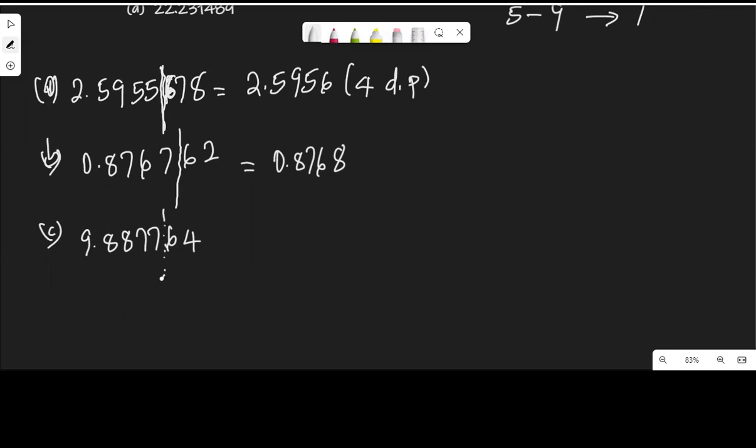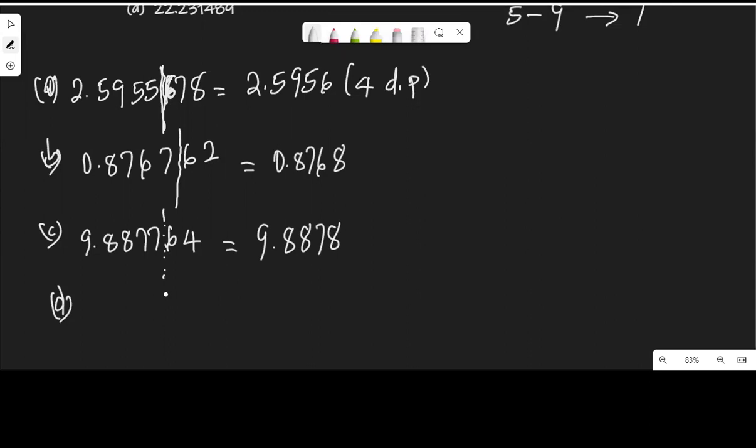Let's use a line to demarcate that. The next digit to 4 decimal places is 6, and 6 rounds to 1. 1 plus 7 is 8. So this number to 4 decimal places is 9.8878. That is that for question C.